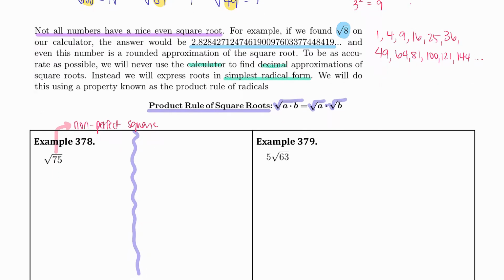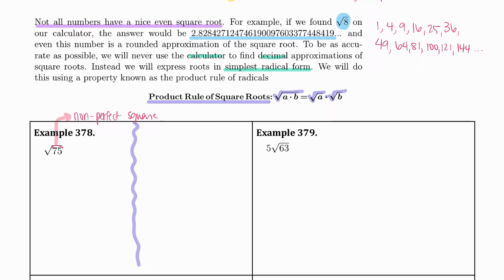So we're going to try to break this number up into a product of a perfect square and another number. If we think about our perfect squares, which of those is a factor or will go into 75? Well, 25 will. So I'm going to rewrite this as the square root of 25 times 3.